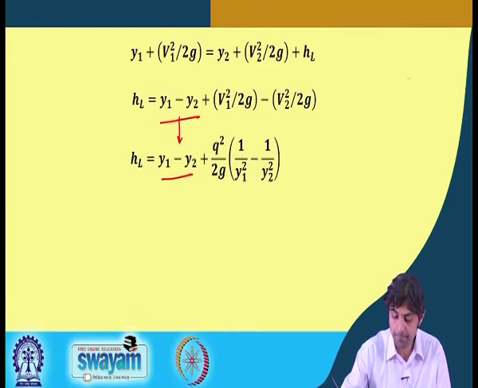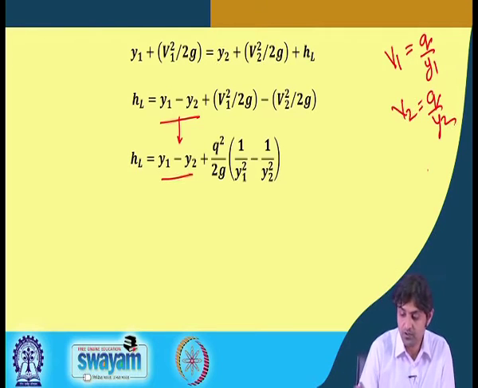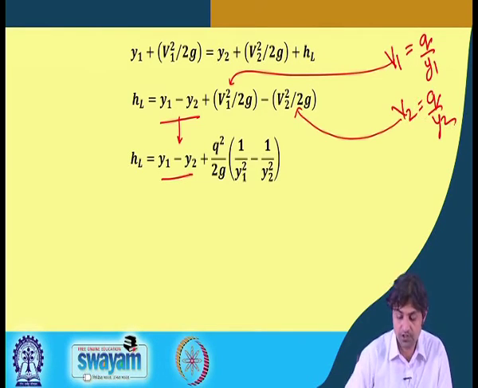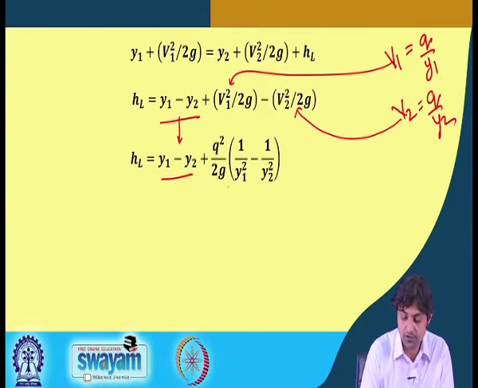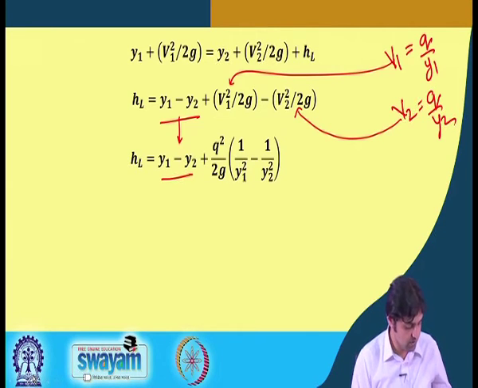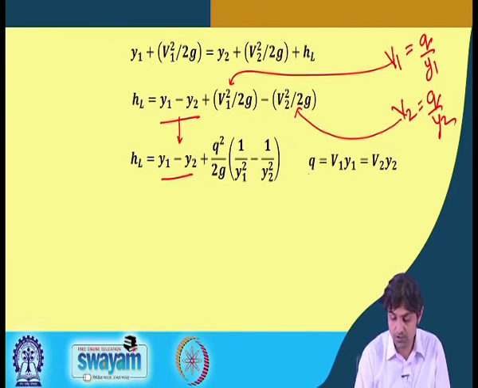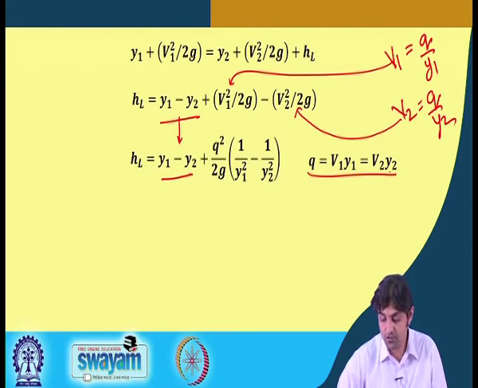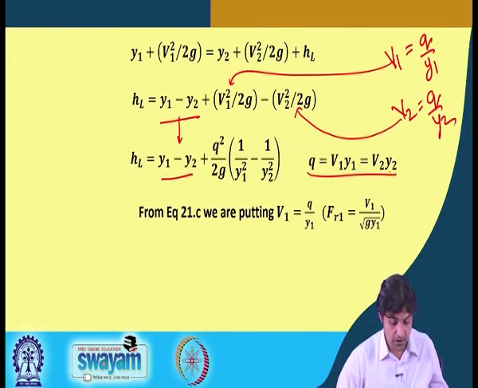All right. So, V1 is Q by Y1, I just wrote the opposite, and V2 is Q by Y2. So, this we substitute here and this we substitute here, and therefore this Q square we take out common, and this is 1 by Y1 square minus 1 by Y2 square, all right, because Q is equal to V1 Y1 is equal to V2 Y2.